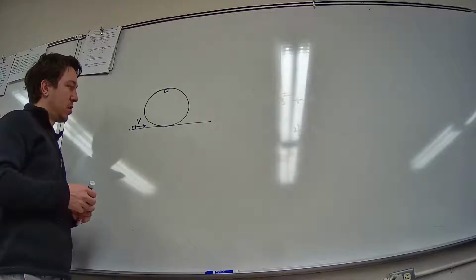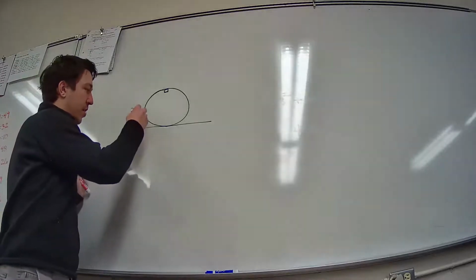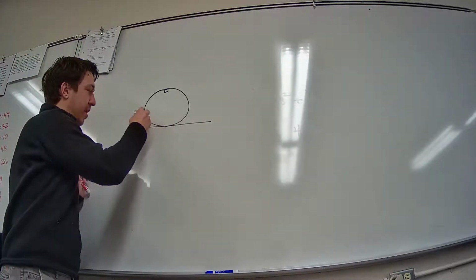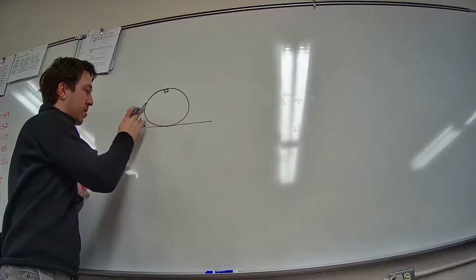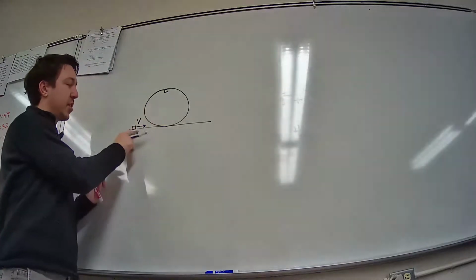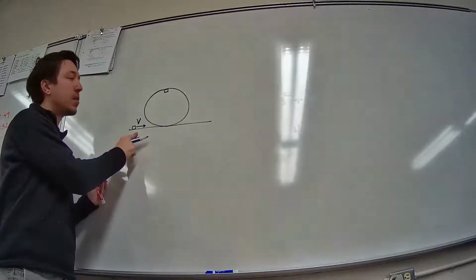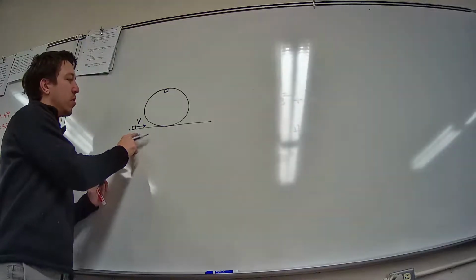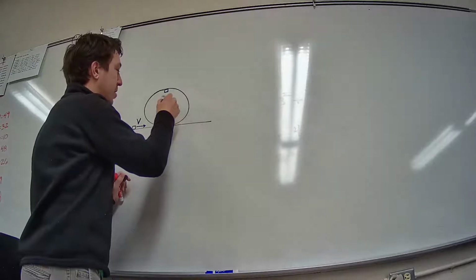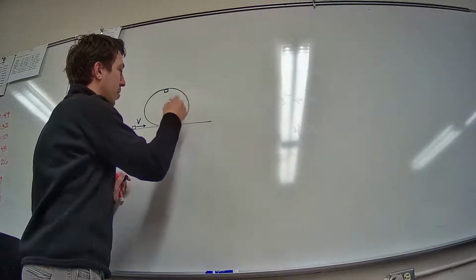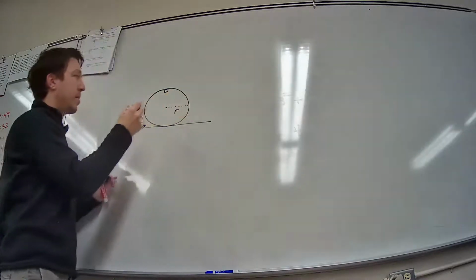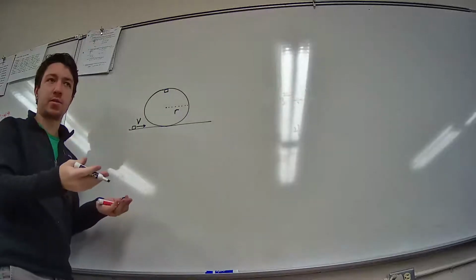So, I'm going to call this V. Just know that this one's called V. We're going to solve for V. So if the circle has a radius of r, we've already done this calculation, right?